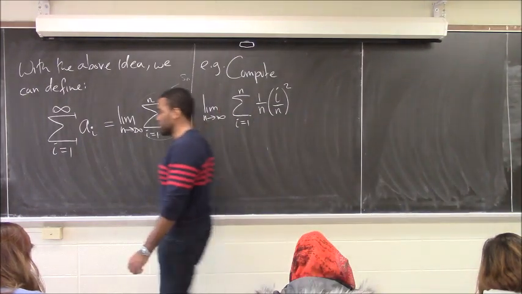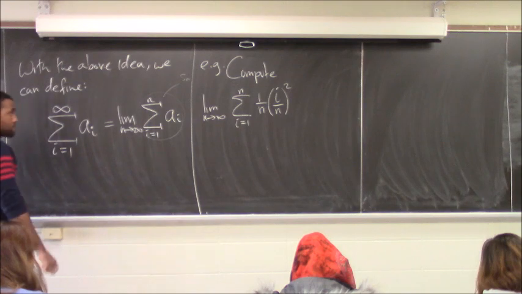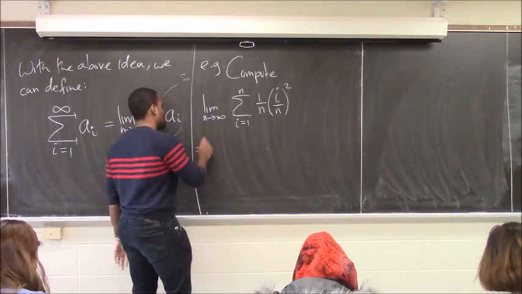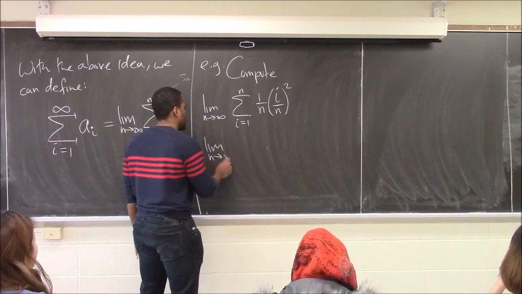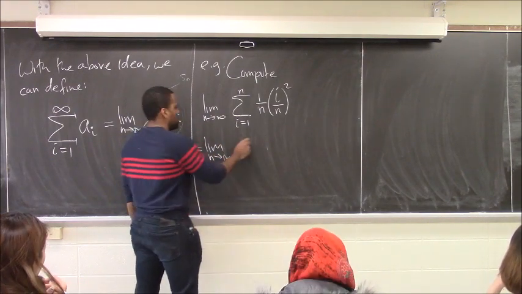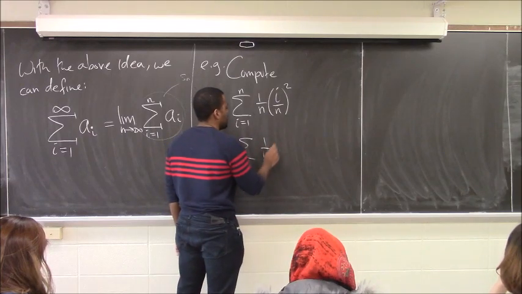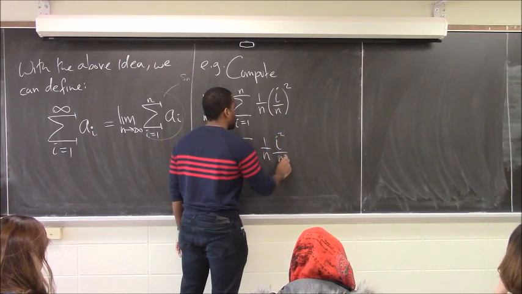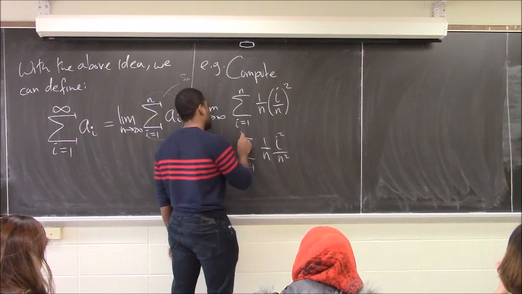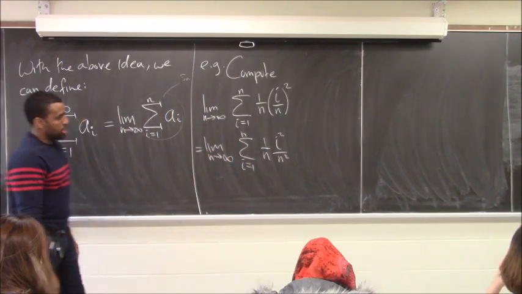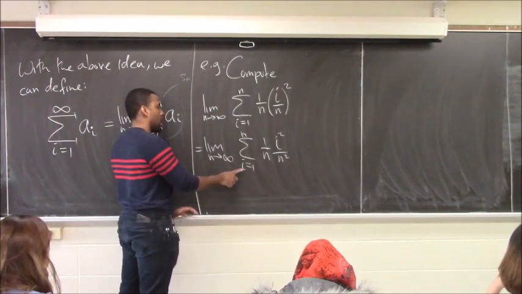So once we get to this point, how do we actually deal with it? Well, there are a couple things. One, I can rewrite it a little bit. This is just 1 over n times i squared over n squared. Secondly, remember i is the variable.